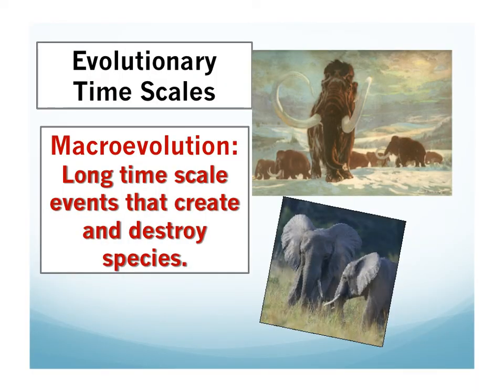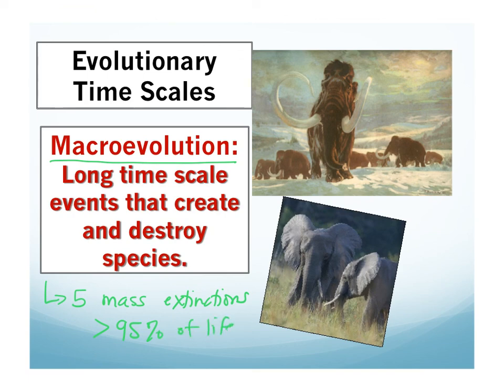In terms of time, there are time scales for evolution. Macroevolution means long time scale events that can create and destroy entire species. This is kind of mostly related to like the five maybe mass extinctions on our planet, which killed like over 95% of life, okay?